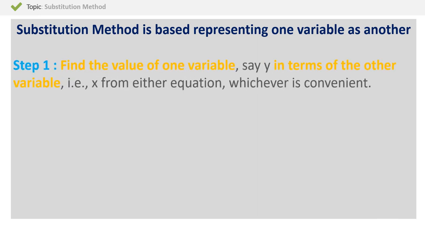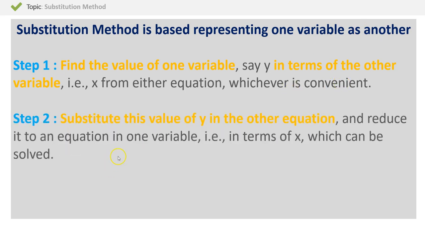So here are the steps. Find the value of one variable. Let's take an example. In this case, let's say that variable is y in terms of the other variable x, from either equation, whichever is convenient. All right.